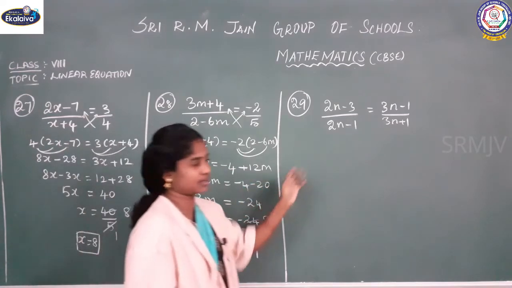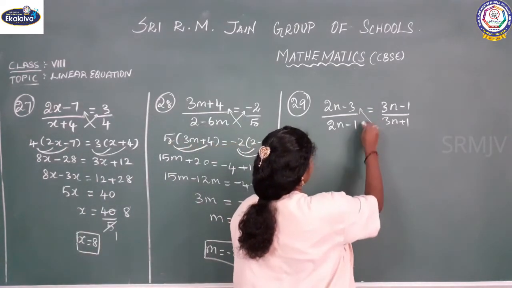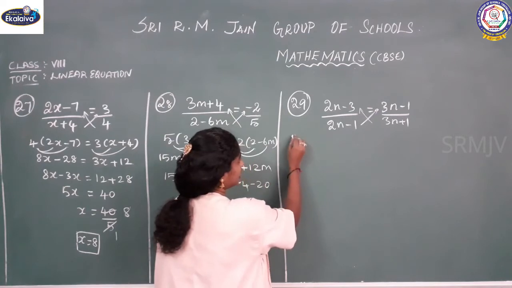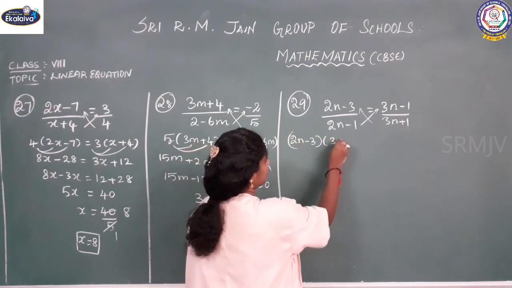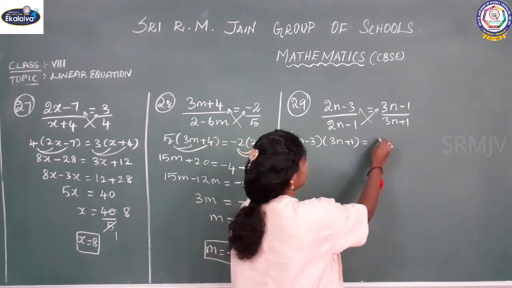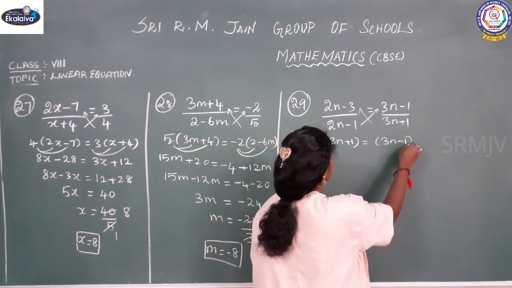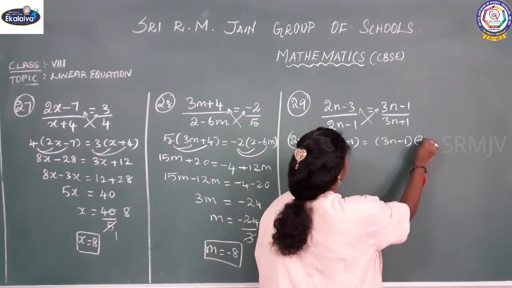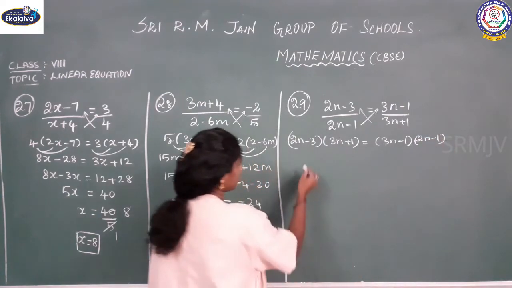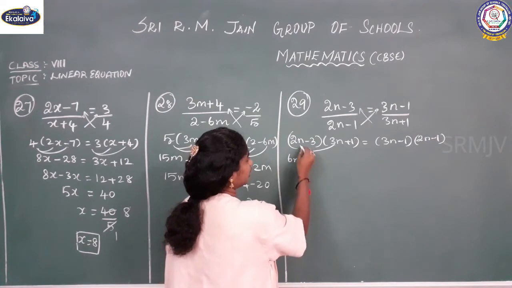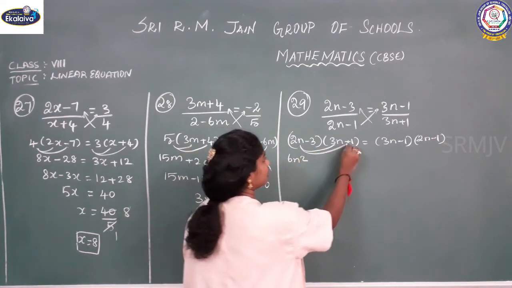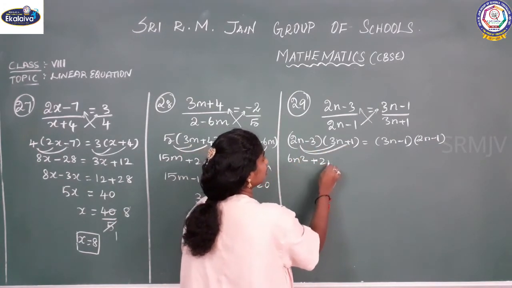Let us see this sum. I am going to cross multiply. So what I will get? 2n minus 3 into 3n plus 1. Same like that, 3n minus 1 into 2n plus 1. When I multiply, I will get 6n square. 2n into 3n, 6n square. 1 into 2n, 2n.